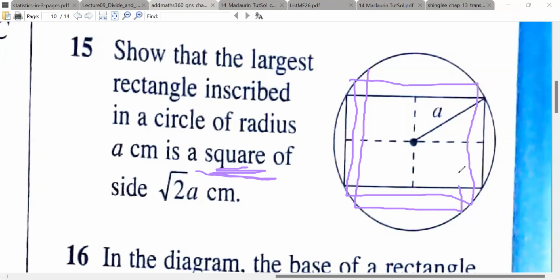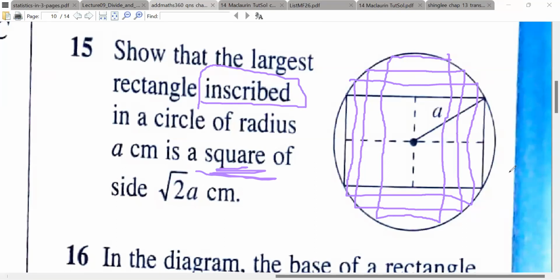The four corners must remain on the circumference of the circle. Maybe I should have started off by reminding you what inscribed means. Inscribed means that all four corners are touching the circumference of the circle. So there are all these possibilities, right? So what is changing in all these shapes?